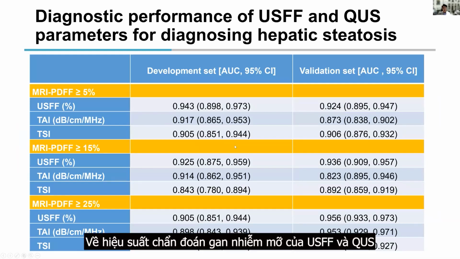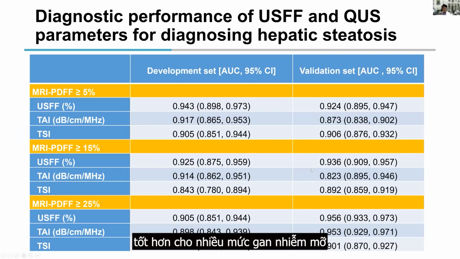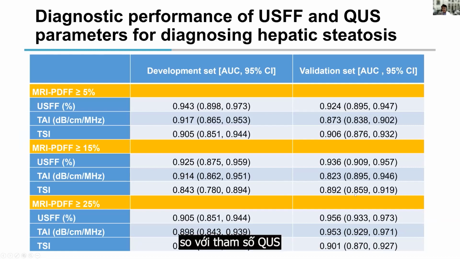How about diagnostic performance of USFF and QUS parameters for diagnosing hepatic steatosis? As you can see in this table, QUS-based fat fraction, USFF, showed better diagnostic performance for various degrees of hepatic steatosis compared with QUS parameters.